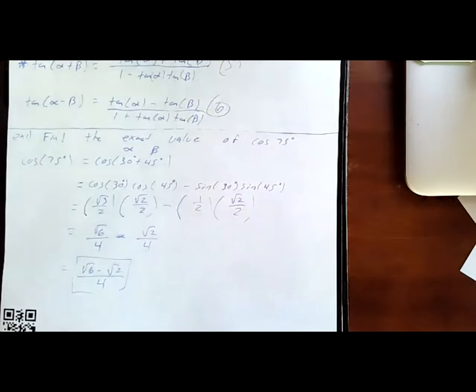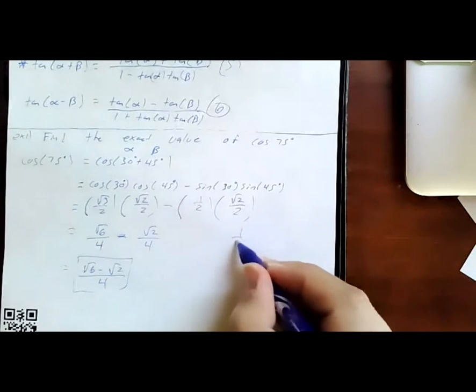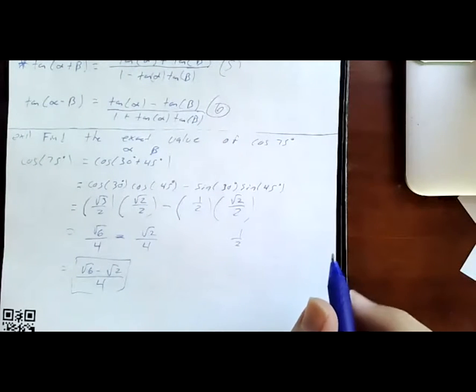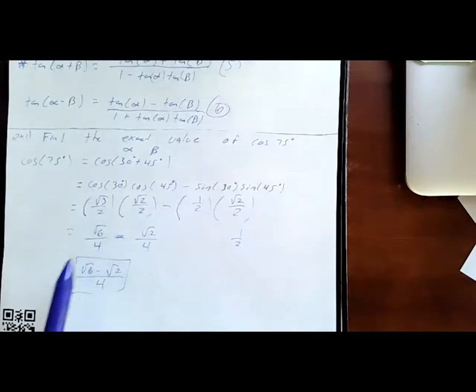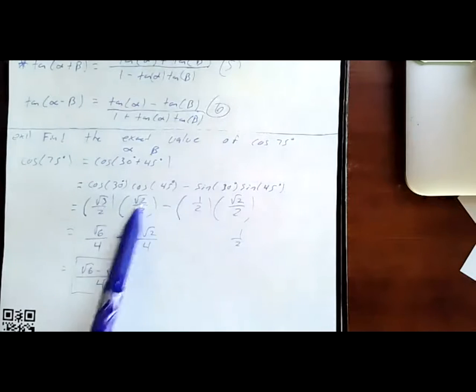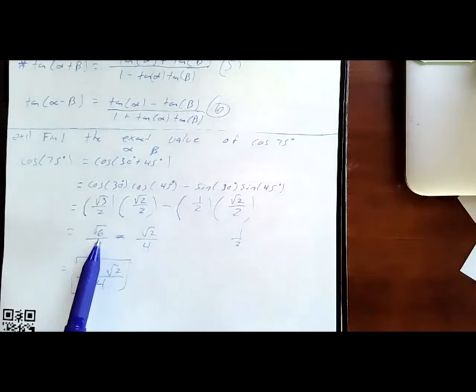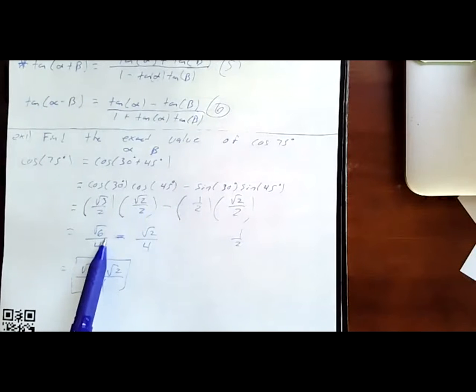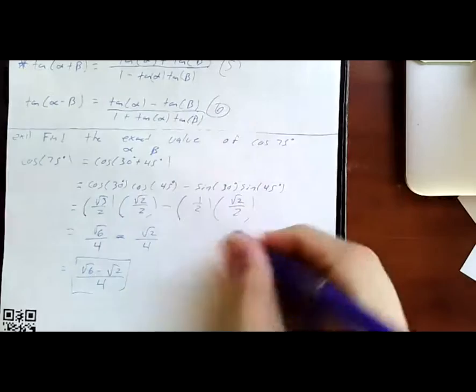Square root 3 times square root 2 is square root 6. When you have square roots, if they're both the same root and they're multiplied, you can do that. But they have to be the same. If this was a cube root and a square root, you cannot do this. Okay, I got it.